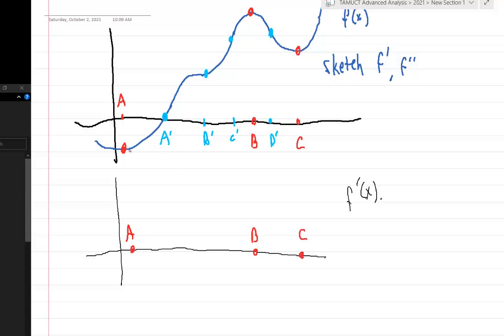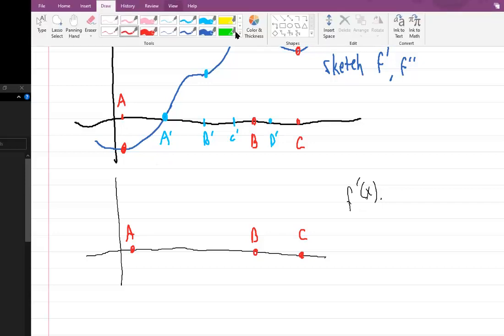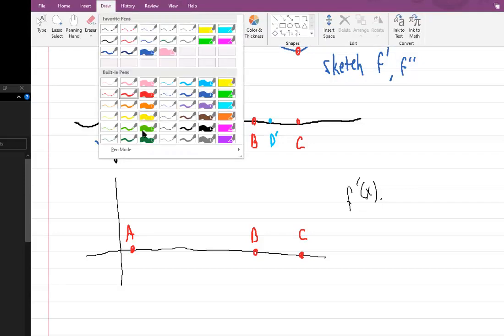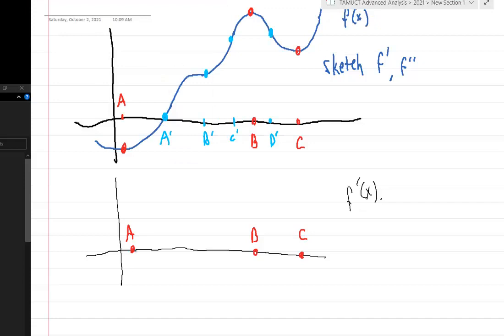Now we know that the derivative is 0 at these places. I'll make my derivative in green. So the derivative is going to be 0 at these three points. Now what about in between? Here you can see it's increasing until it reaches here, so the derivative is going to be positive up here. There's going to be some wiggles here.